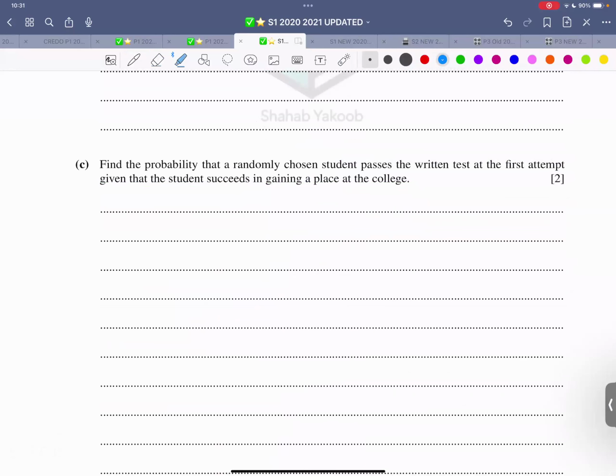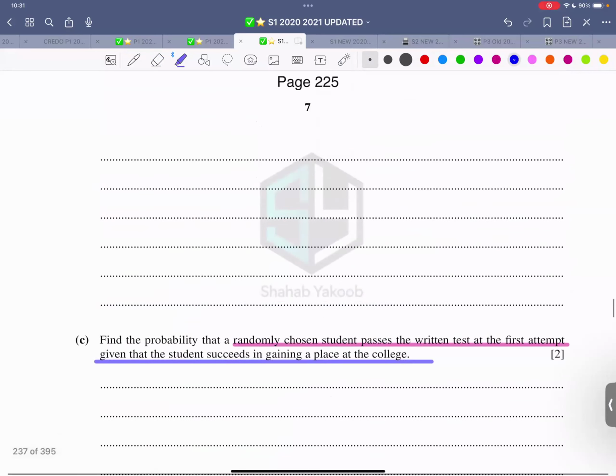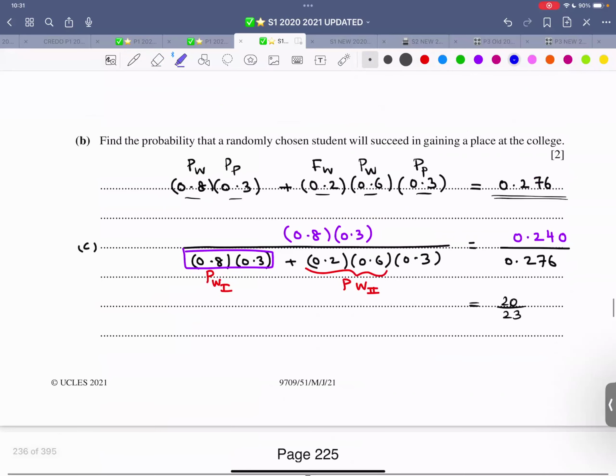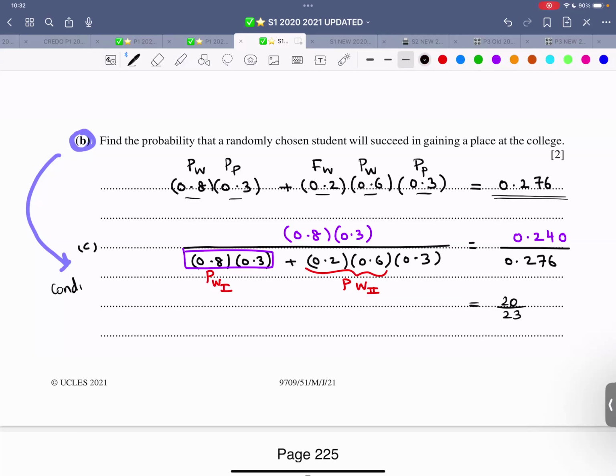Now it says find the probability that the randomly chosen student passes the written test at the first attempt. What's the condition? Given that the student succeeds in gaining a place at college. So the answer of part B becomes the condition of part C. So this is passing on the first attempt, 0.8 into 0.3.